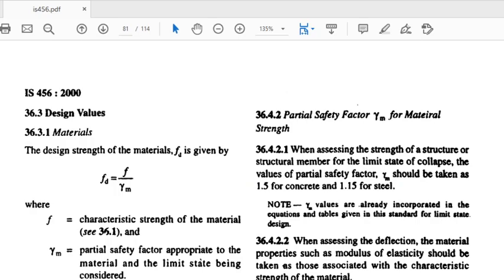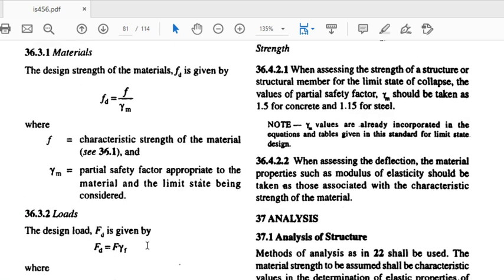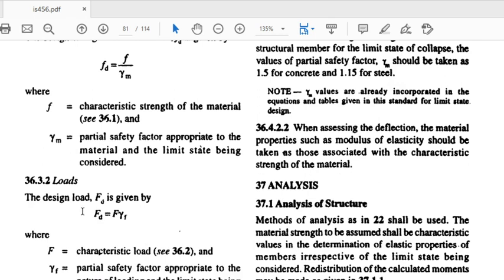Then that is a design value. Then the loads: design load is equal to f into gamma f. Gamma f is the partial safety factor for the load. This is the thing which I explained here. Look at this here.